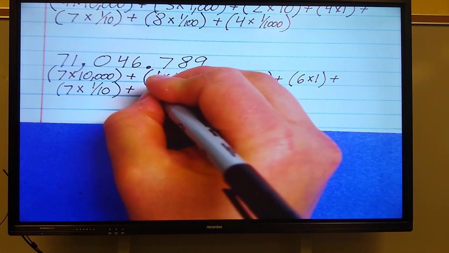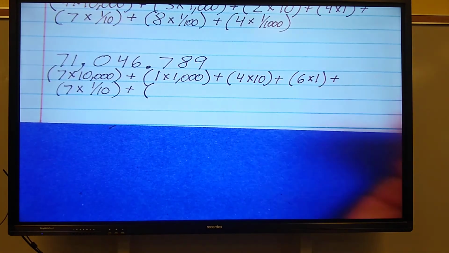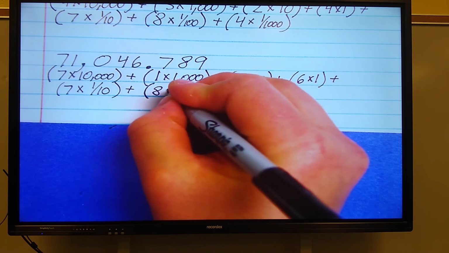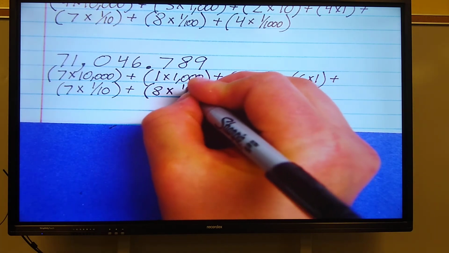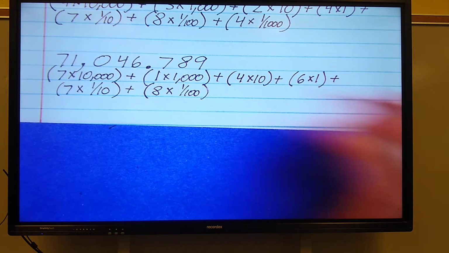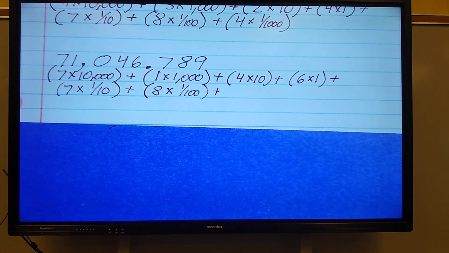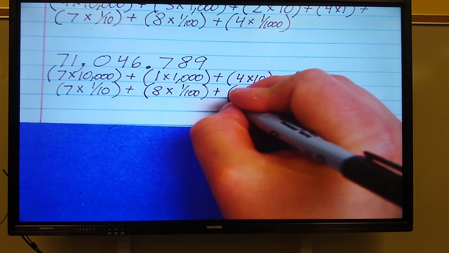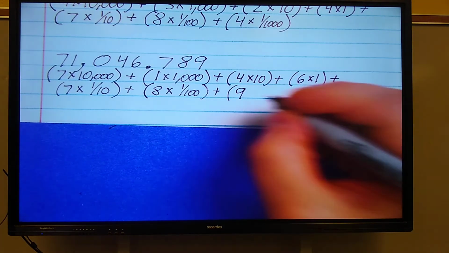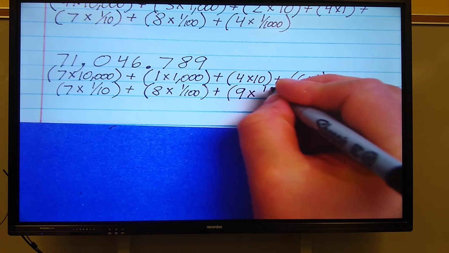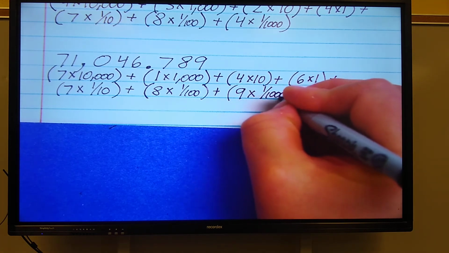Plus 8 is in the hundredths place, so that is 8 times 1/100. Plus, last but not least, the 9 is in the thousandths place, so that's 9 times 1/1,000 as a fraction.